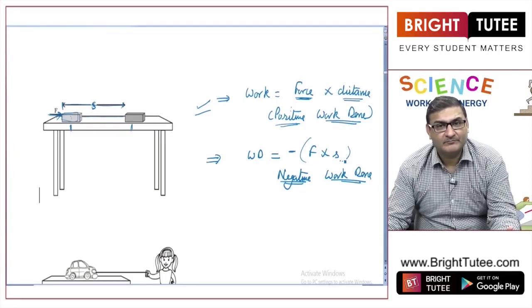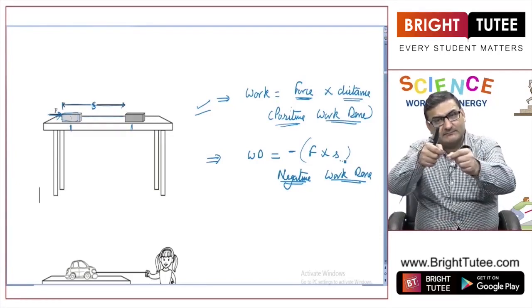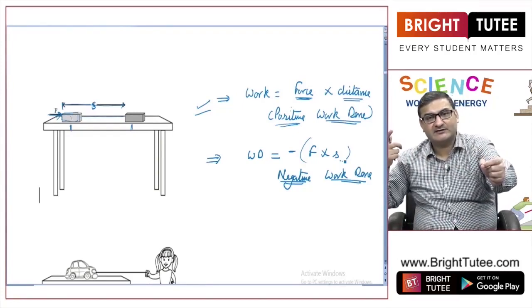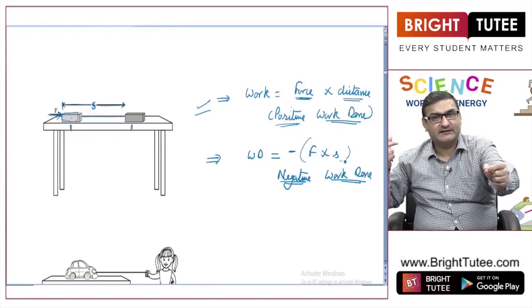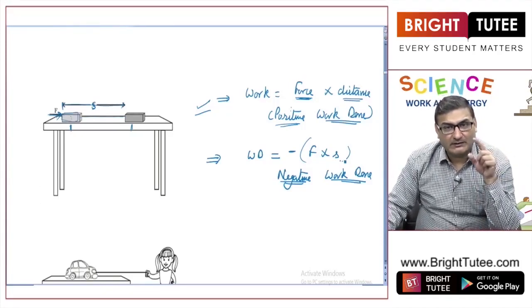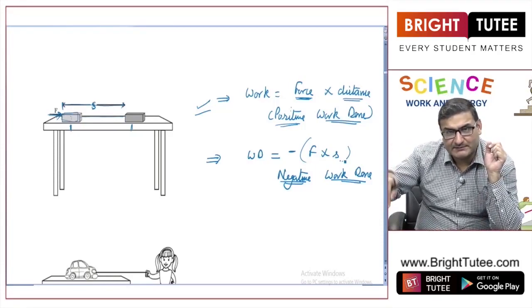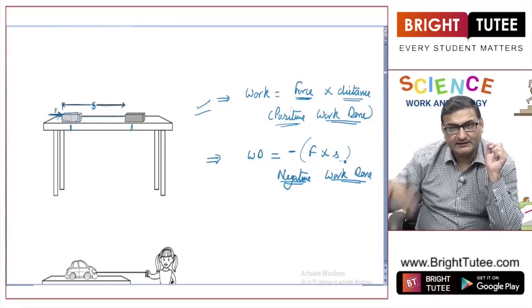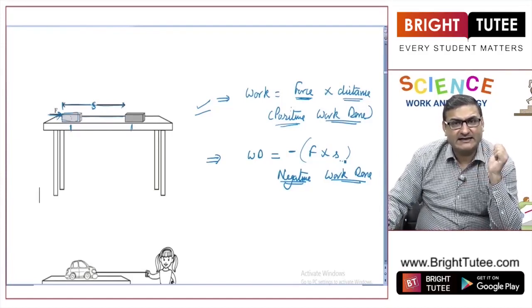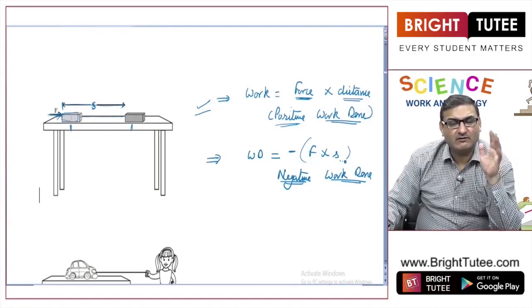Bow and arrow. What you do is you just pull the bow in your direction, and when the arrow is pulled, then in that case when you leave it, it goes in the opposite direction. Catapult, rubber band, a spring, you compress the spring downwards, when you leave it, it jumps up, right? For example, you are wearing skates and you are applying force on the wall.